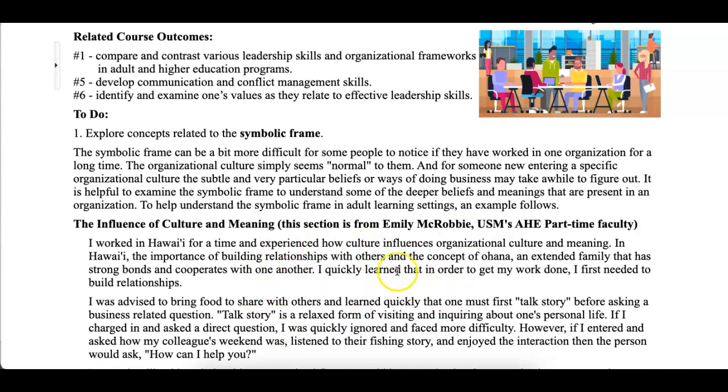And she put in this good example of really the symbolic frame. What I just want to add to this week's discussion is that I think the symbolic frame is one of the more difficult frames to understand because in certain ways it's invisible. You can't see it.